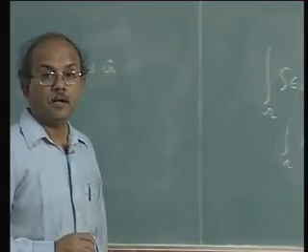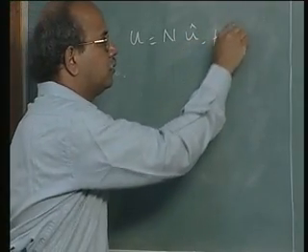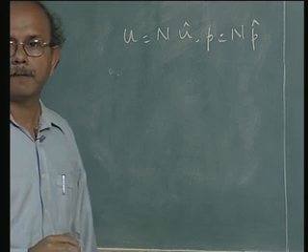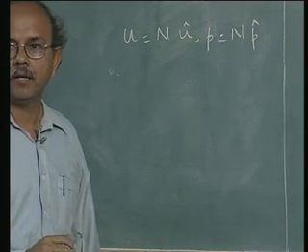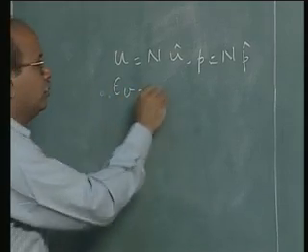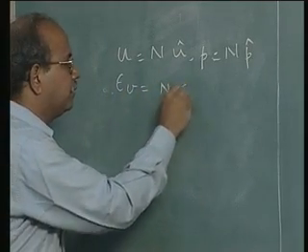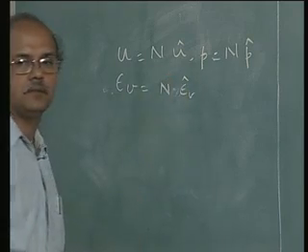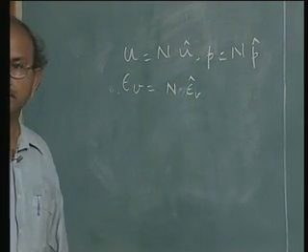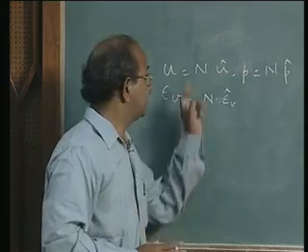I'm going to do the same thing for pressure: p is equal to N p hat. And I'm going to do that for epsilon v, so epsilon v is equal to N epsilon v hat. These are shape functions.